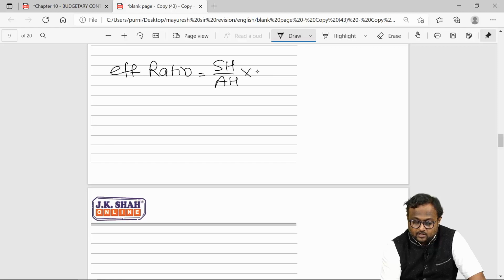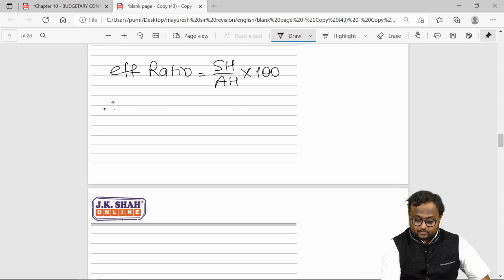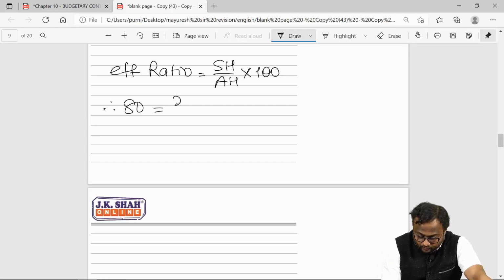Whenever you calculate efficiency ratio based on standard hours or actual hours, it is standard hours upon actual hours into 100. So, if it is 80, and if you already have standard hours with you, you must be having the solution.